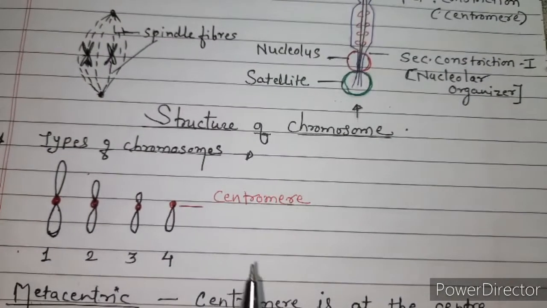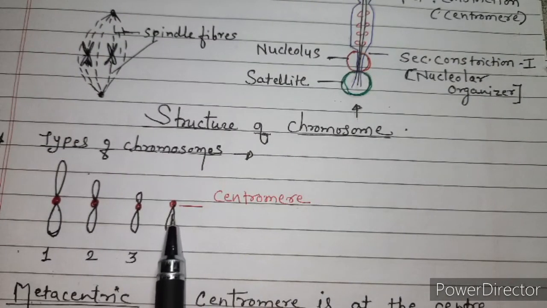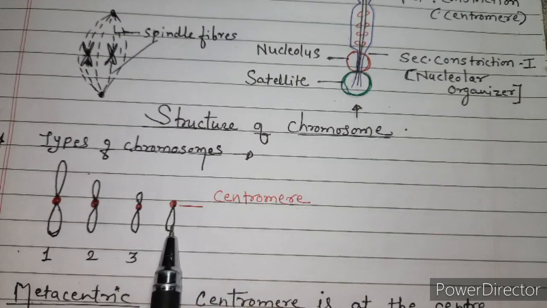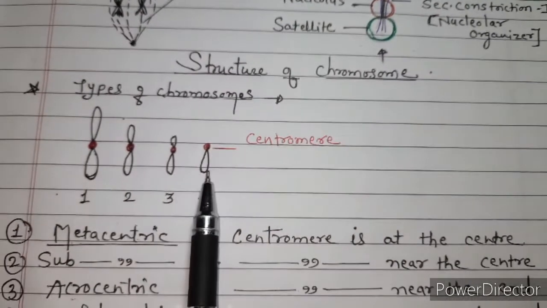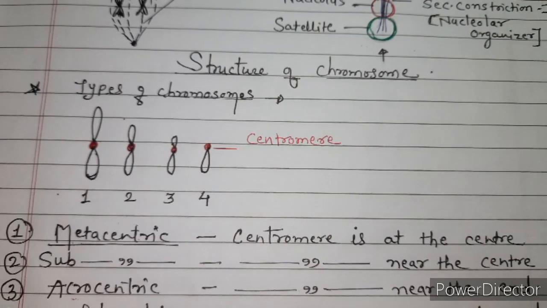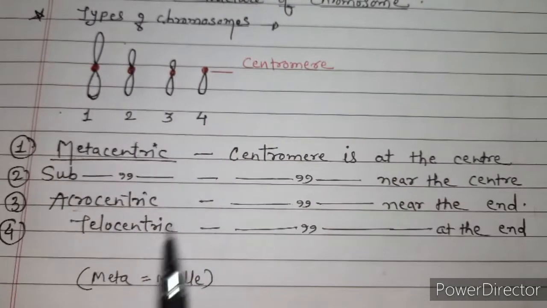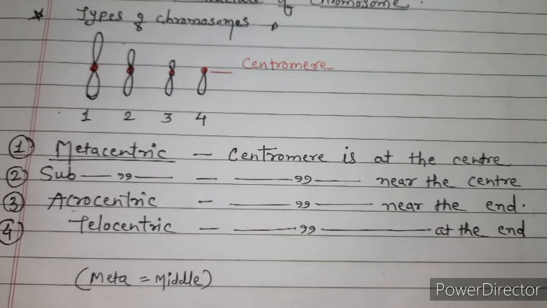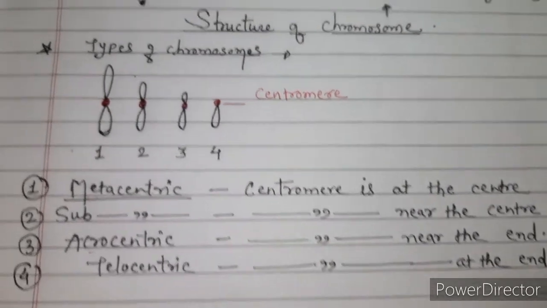You can observe here that both the arms are at one end, and the centromere is present at the end of the chromosome, and both the arms are on one side. Such a chromosome in which the centromere is present at the end is called a telocentric type of chromosome. Okay student, so this is about the structure of the chromosome.